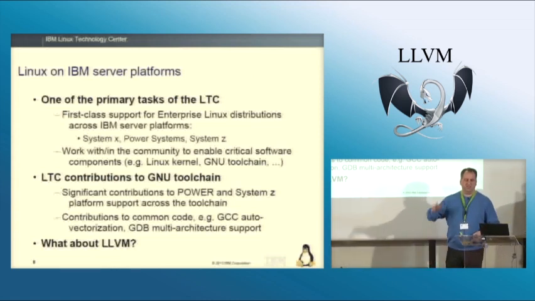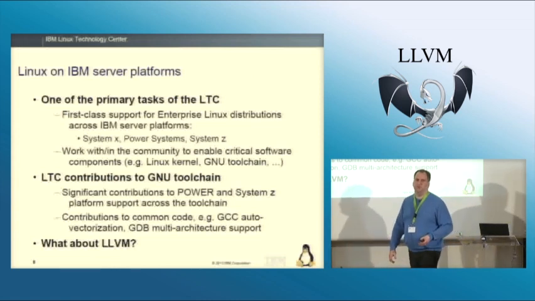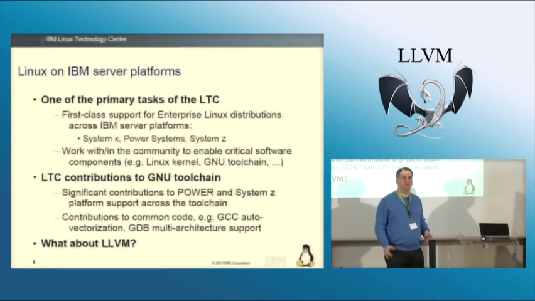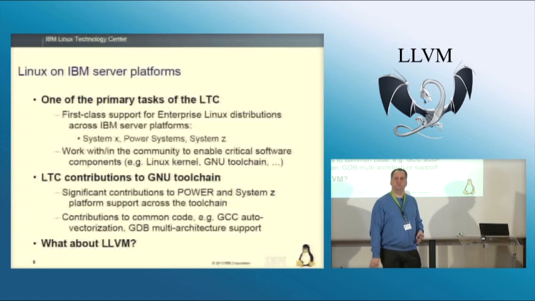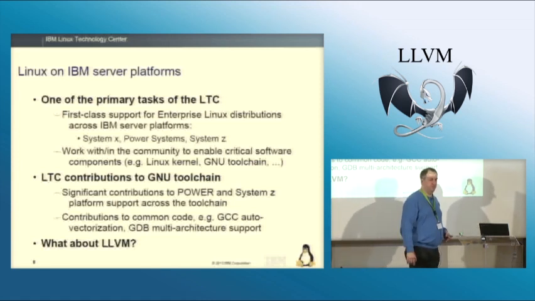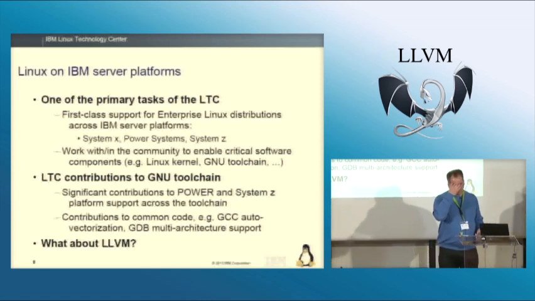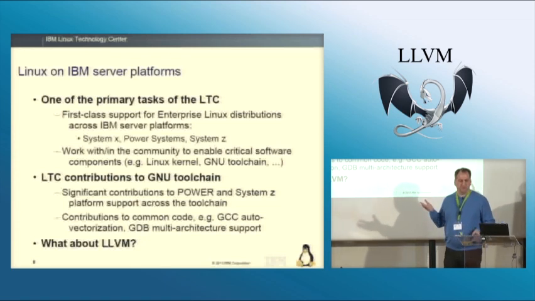We did GDB multi-architecture support, which we needed for supporting the Cell Broadband Engine. And there's a couple of other things. But we usually do those things when it's particularly useful to support one of our platforms especially well. Now, as I said, we did a lot of work with the GNU toolchain over the years.